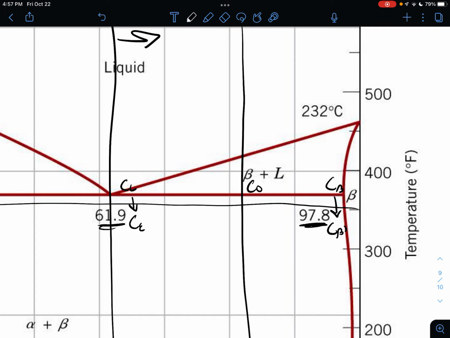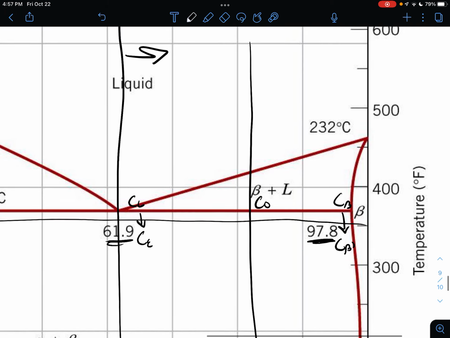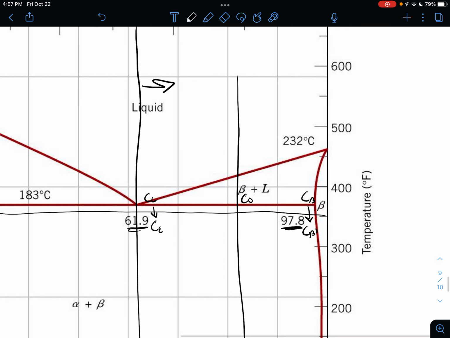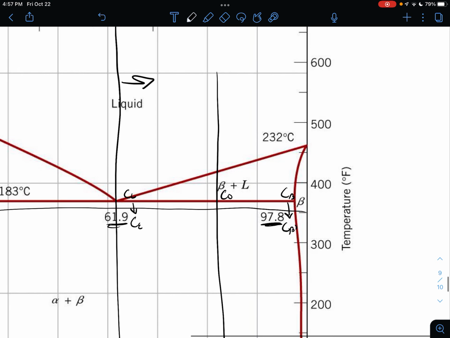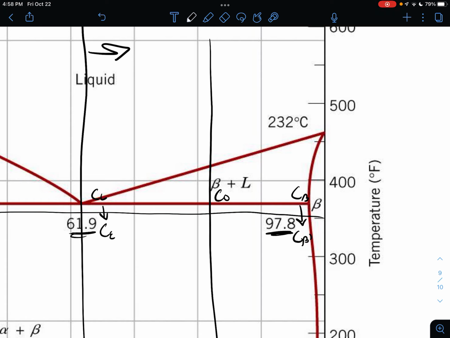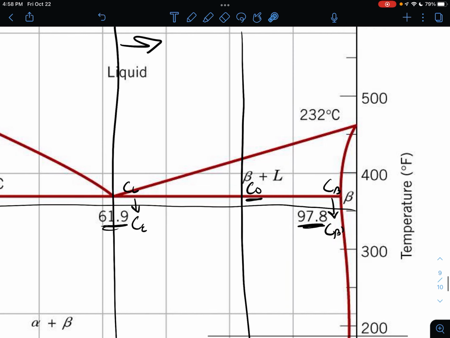our primary beta. So if we have our mass fraction of primary beta, we can solve for that in terms of this here. If we're looking for our primary beta, we're going to take the opposite side, the opposite side to where it intersects with beta.